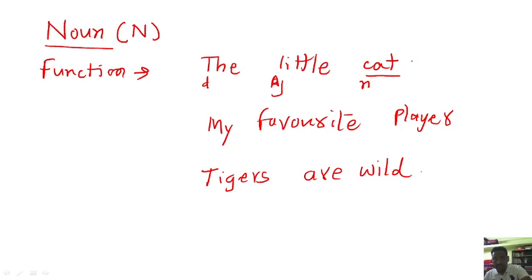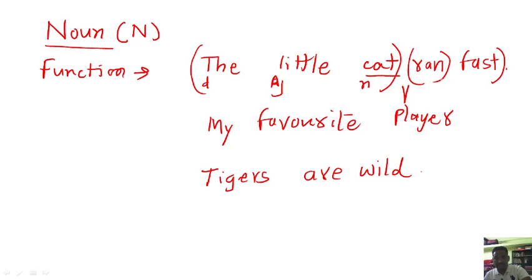The little cat ran fast. Now this whole phrase and these two words, ran fast, these two phrases make a sentence, and you see that here ran is full verb, and fast is the modifier.